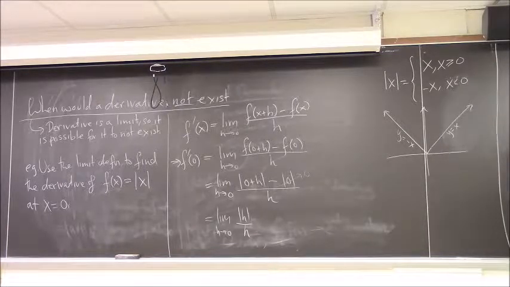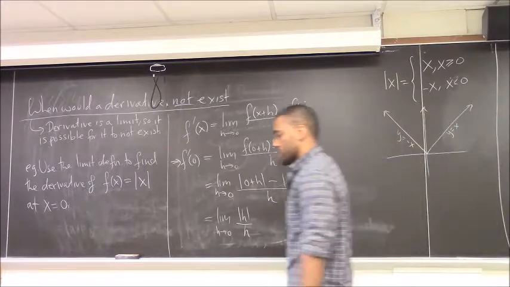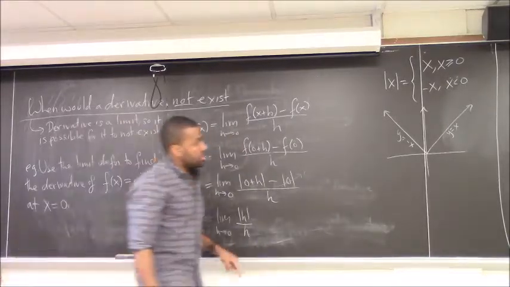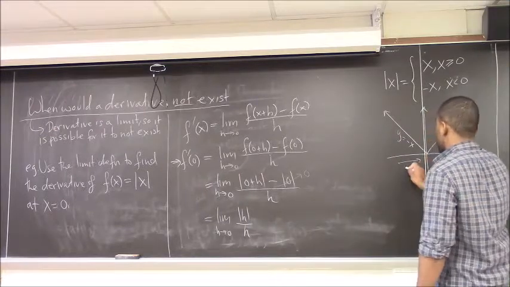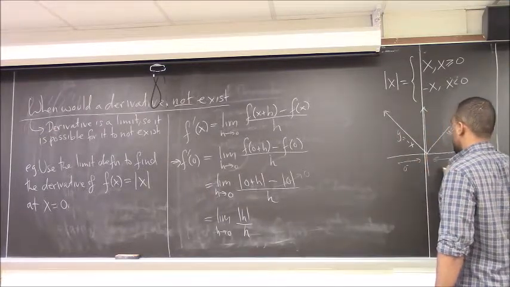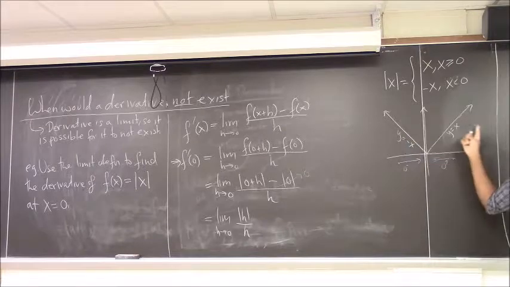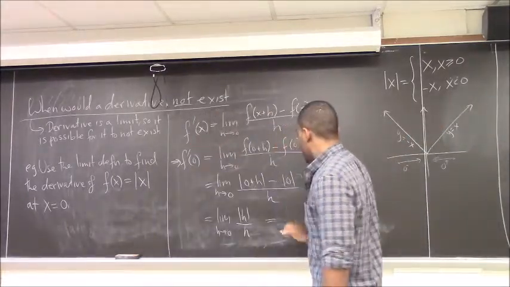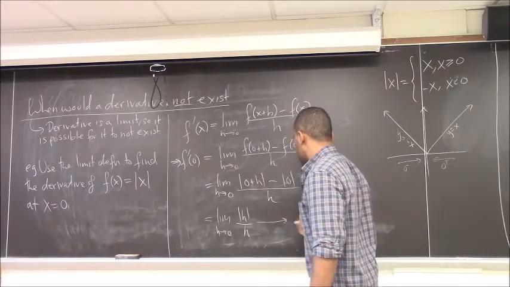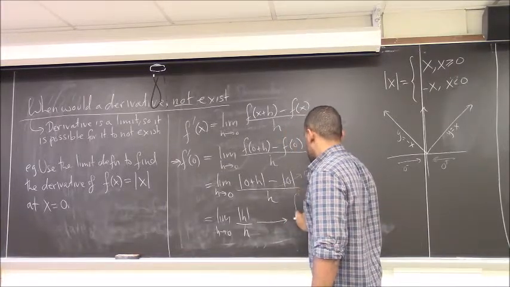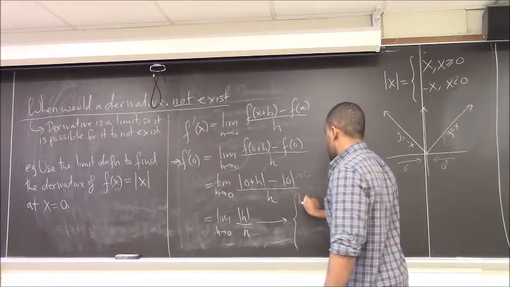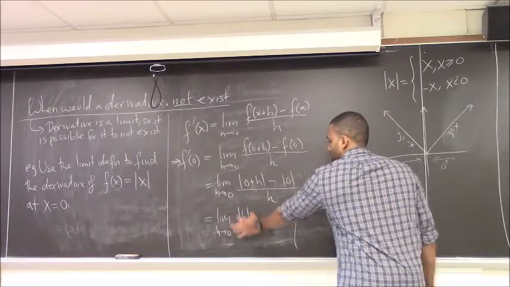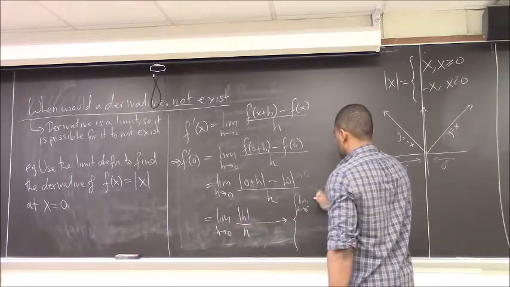Based on whether your input is positive or negative, it will change its value. Now, we are approaching 0, which means approaching 0 from the left versus from the right, there are two different functions to consider. If I'm approaching from the left side, then the absolute value of h gives me negative h.